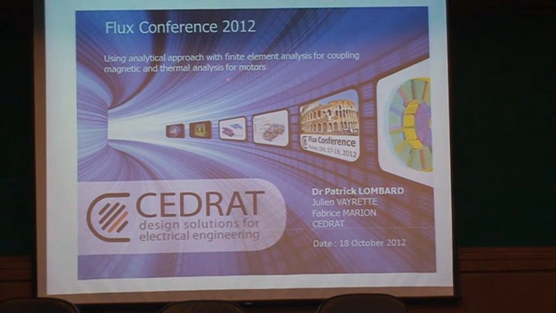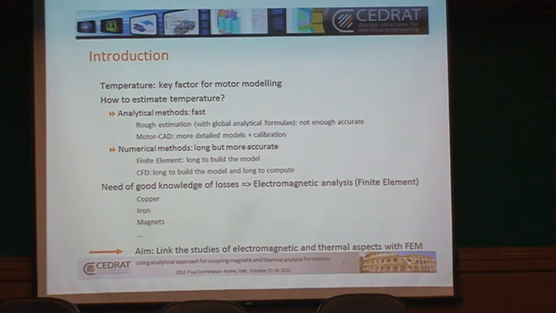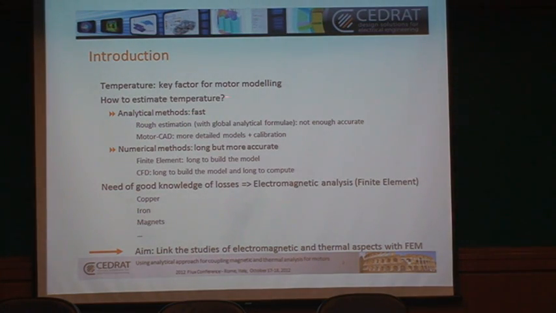So in this paper, what we did is that we tried to see how we can estimate the temperature using Flux. There are different ways of getting the value of the temperature. There is a rough estimate, where some people look at the global resistance of the motor and say, okay, with these losses, this is the temperature I'm going to get. Then you have things like CFD.